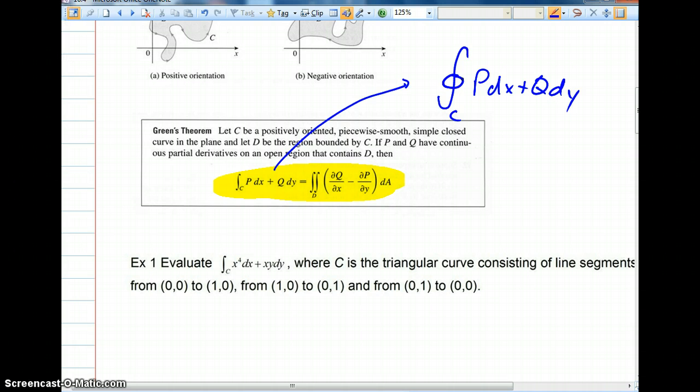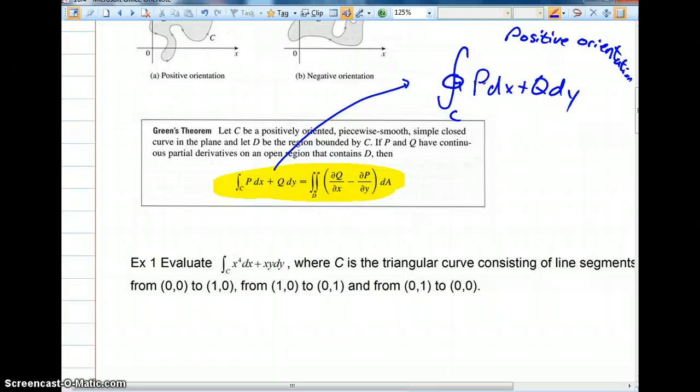That's saying positive orientation. This is not 100% conventional. Sometimes in some textbooks they'll even put an arrow that indicates you're moving counterclockwise. But when you see the little ring, or the little ring with the arrow, that means I'm going in a positive orientation. It means if I'm enclosing a region, maybe I can use Green's theorem.